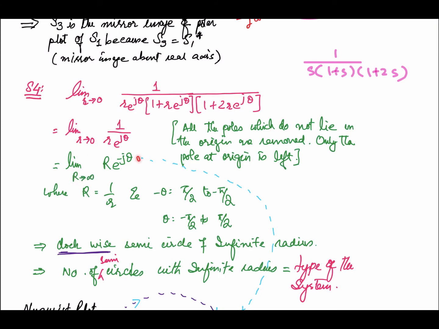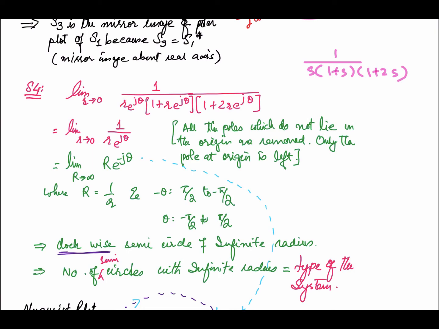So we can also write it like this, where capital R is equal to 1 by r, and now minus theta will be varied from pi by 2 to minus pi by 2. Or if we look at theta, theta will be varied from minus pi by 2 to pi by 2. So it is a clockwise semicircle of infinite radius, that is this R.